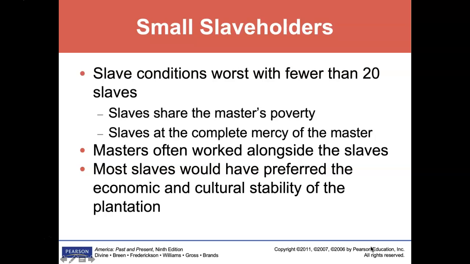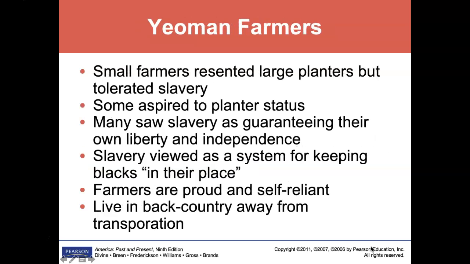Slaves were at the complete mercy of their master, and in many ways they had interesting relationships with them. Masters often worked alongside the slaves on the smaller scale farms or plantations, and most slaves would have preferred the economic and cultural stability of the large-scale plantation. But don't get me wrong, there are, of course, some disadvantages with that too.